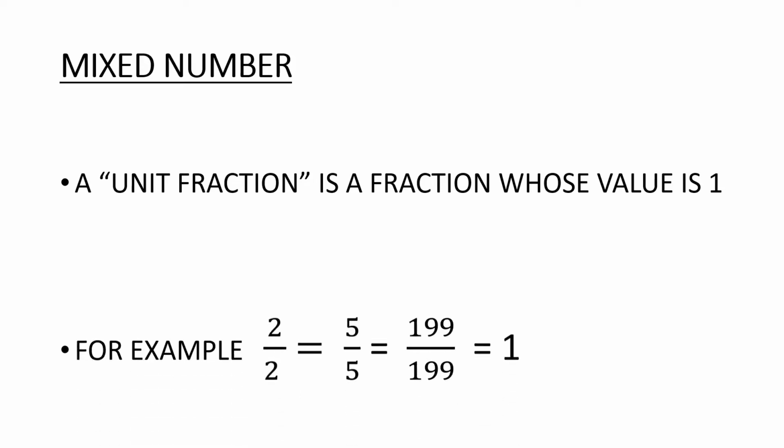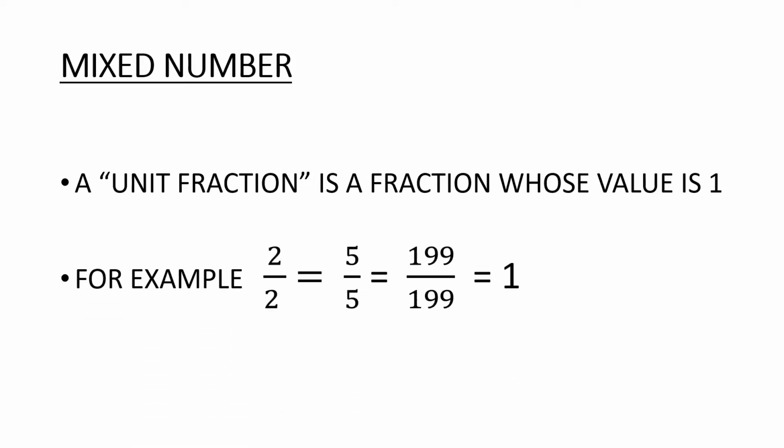It is basically a fraction that has the same numerator and denominator. For example, 2 over 2, 5 over 5, 199 over 199. All those fractions are equal to 1.